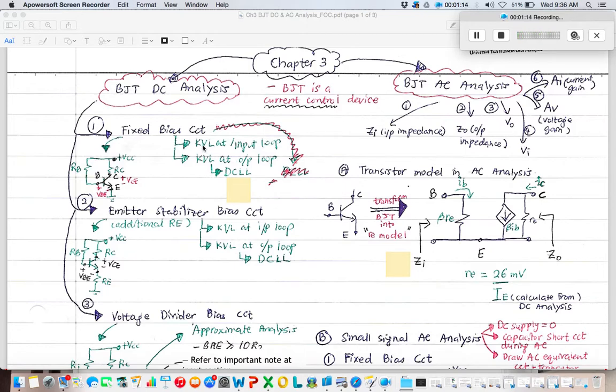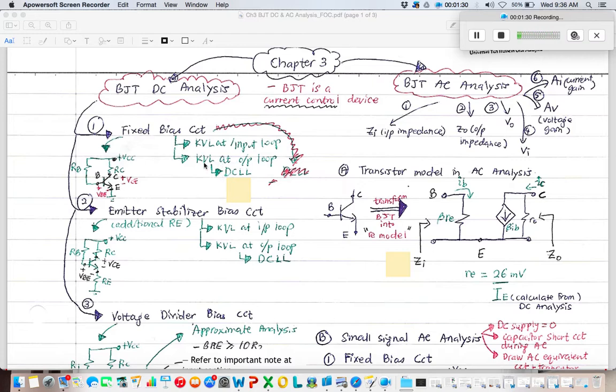So when you solve KVL at input loop, you will get the IB value, and then when you solve the KVL at output loop, you will gain the VCE value.